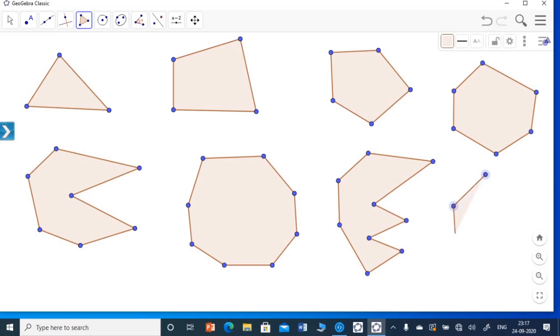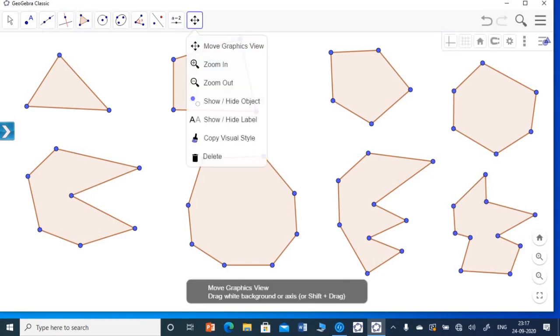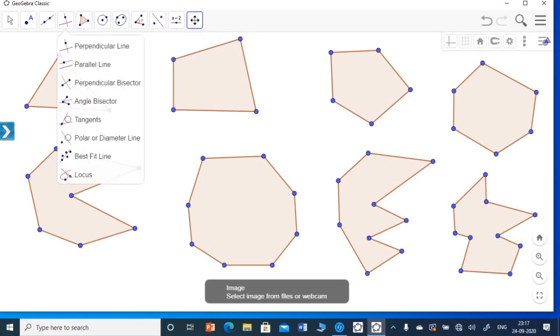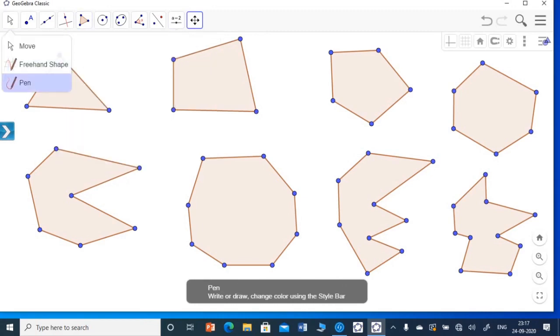Now draw a polygon having 10 sides. It is called decagon. These are the classification of polygons based on their sides or number of vertices.